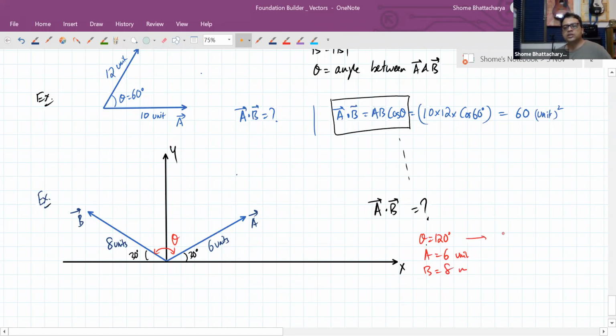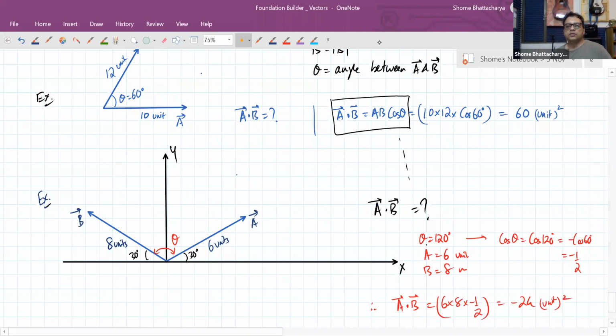So cos theta is cos 120, which you know is minus cos 60. So it's in fact minus half. So therefore A dot B will become 6 units into 8 units into minus half. Okay. So it's minus 24, whatever unit squared. So the correct answer is with the minus sign.